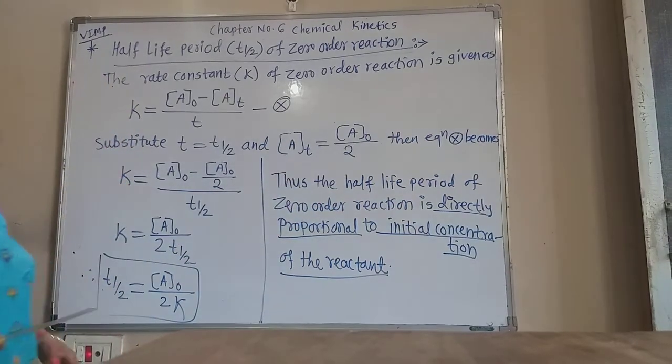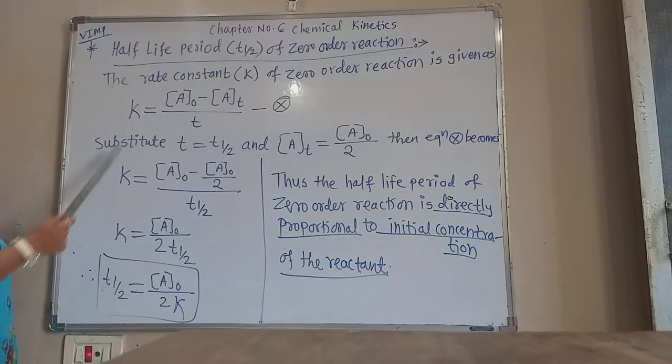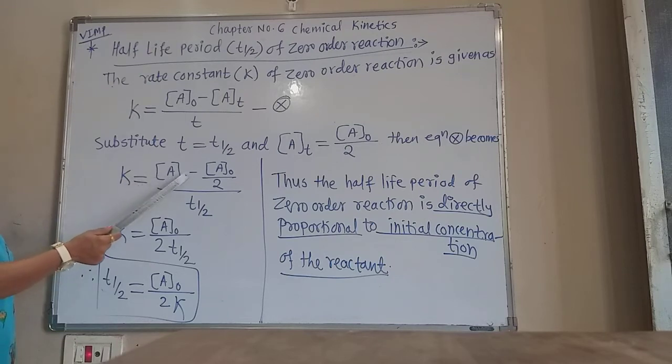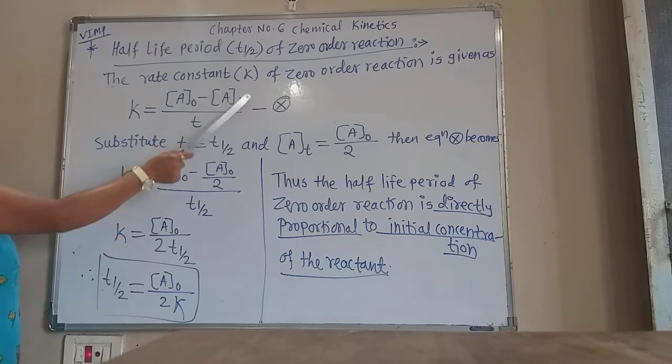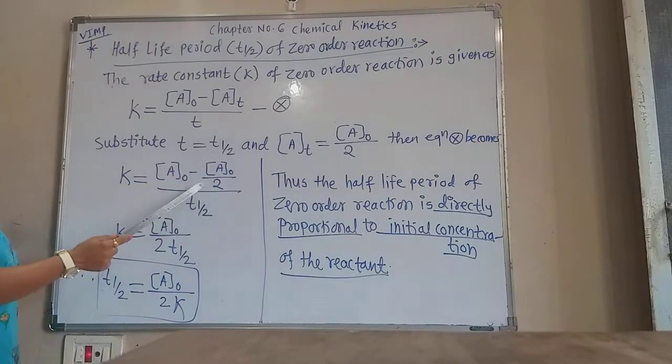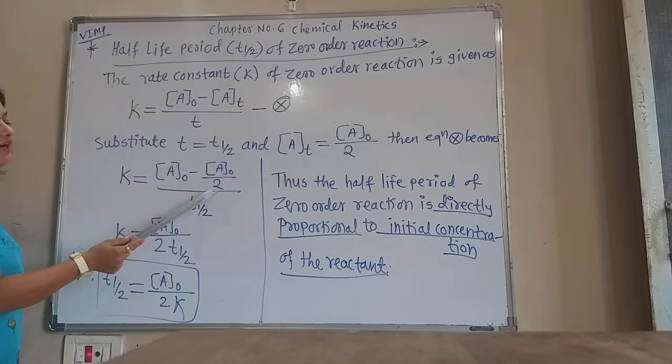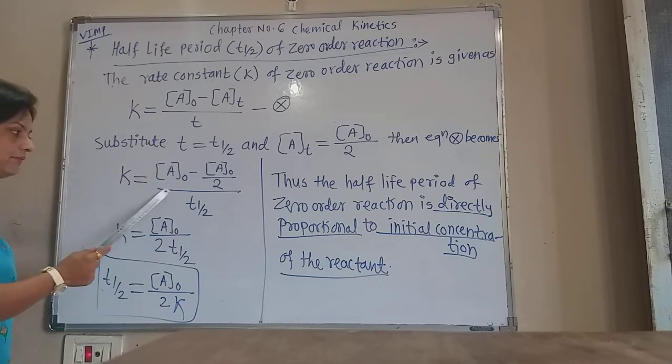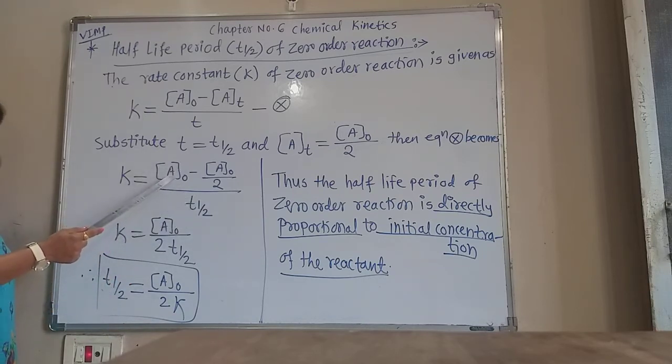Then this equation X becomes K is equal to A0 minus At, and the value of At is A0 divided by 2. So substitute here A0 divided by 2, and divided by this T half. Now this A0 minus A0 divided by 2 becomes only A0 divided by 2, that is, half of A0.